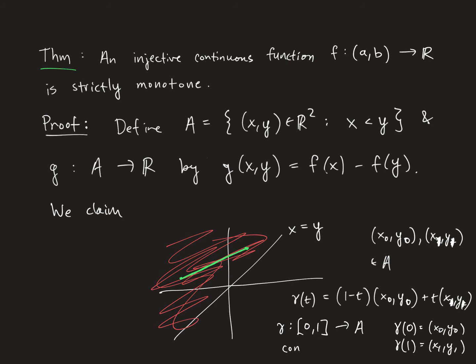And gamma here is continuous. So that's also a claim that would have to be verified. You need to verify that this gamma is continuous.